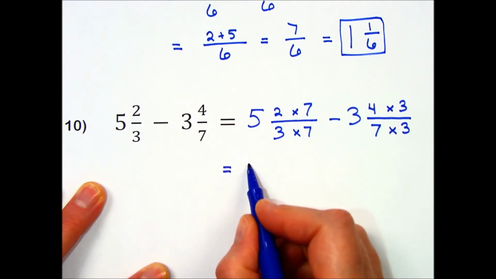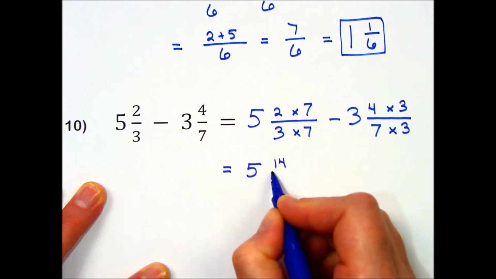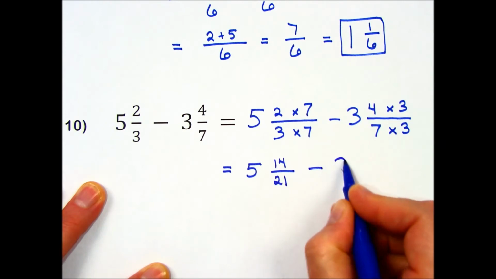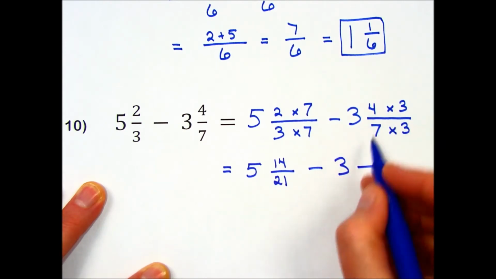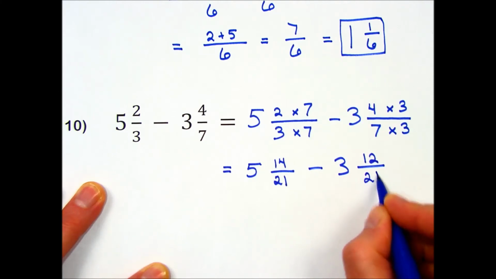So now I have 5 and 2 times 7 is 14, 3 times 7 is 21, minus 3 and 4 times 3 is 12, 7 times 3 is 21.